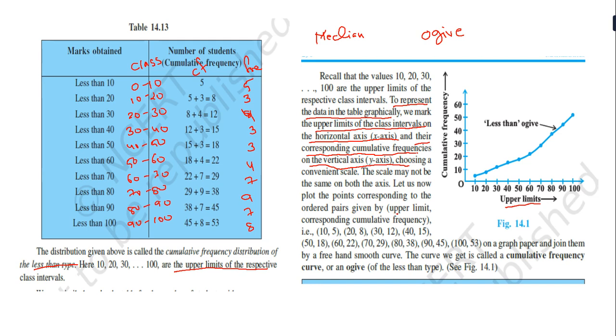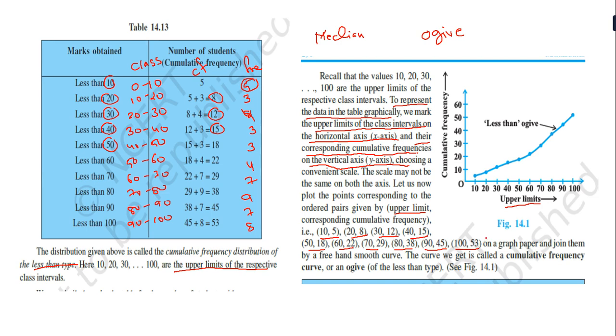And here the upper limit: 10 with 5, 20 with 8, 30 with 12, 40 with 15, 50 with 18, 60 with 22, 70 with 29, 80 with 38, 90 with 45 and 100 with 57.